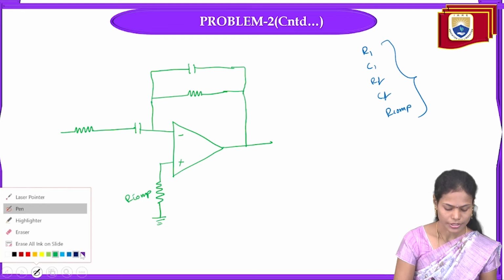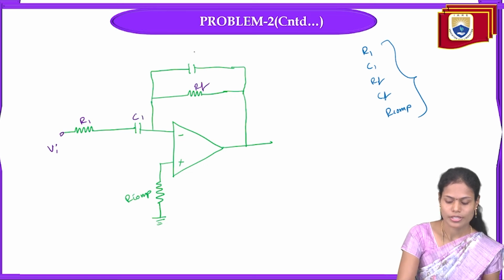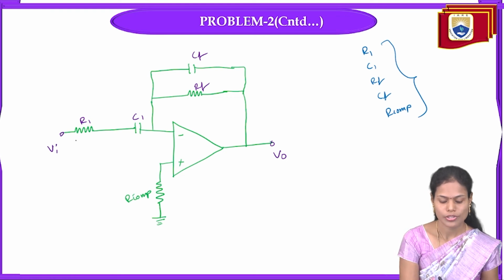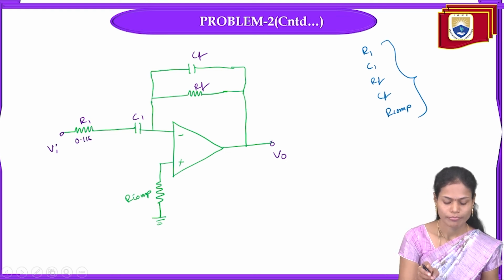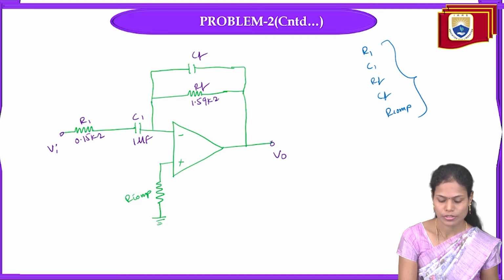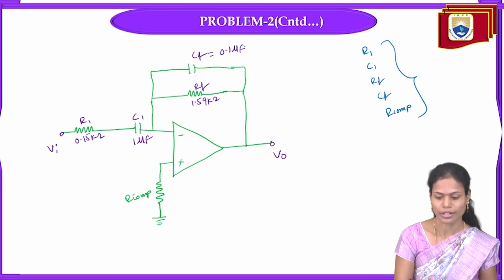Now we indicate the values we have calculated. This is R1 C1, RF CF, and this is R compensation. Here we will measure the output signal. R1 is 0.15 kilo ohms, C1 is 1 microfarad, RF is 1.59 kilo ohms, and CF is 0.1 microfarad.